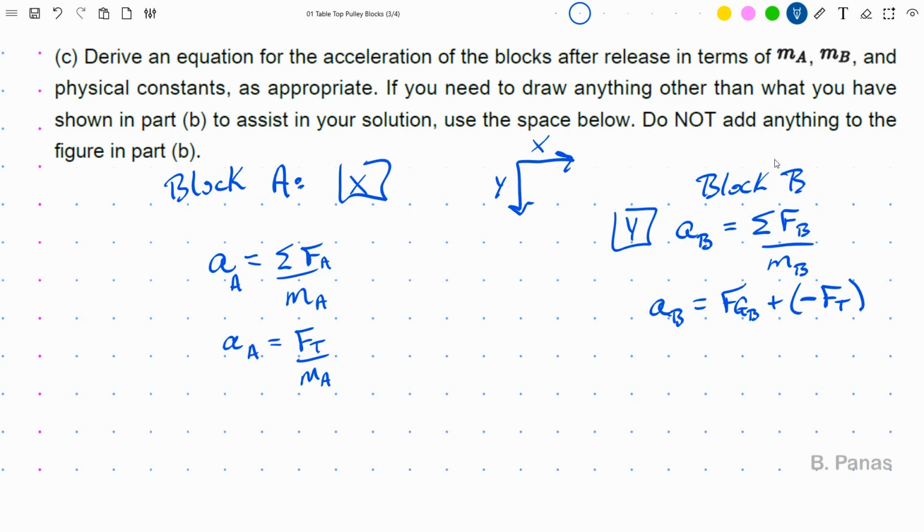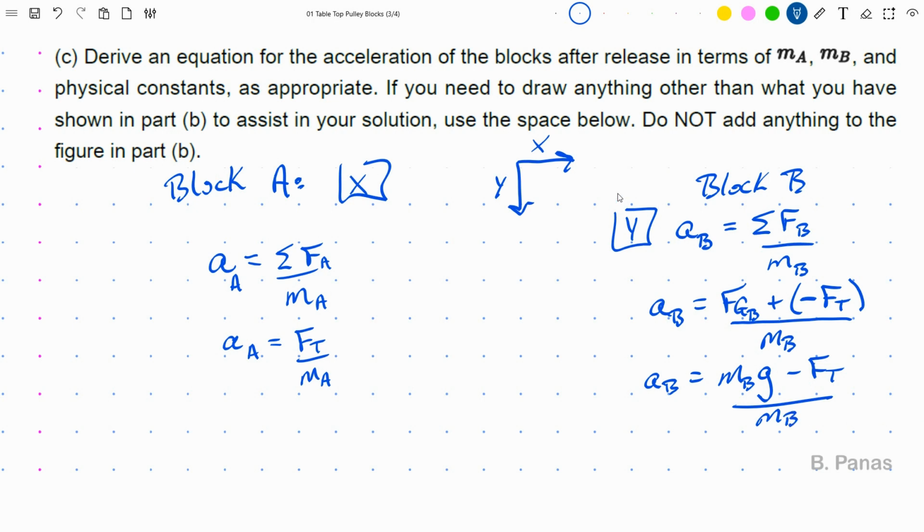So if I divide that by the mass of block B, that should be pretty good. I'll substitute the force of gravity to be m of B times g. So the acceleration of B is equal to m of B g minus F T, divided by the mass of block B.